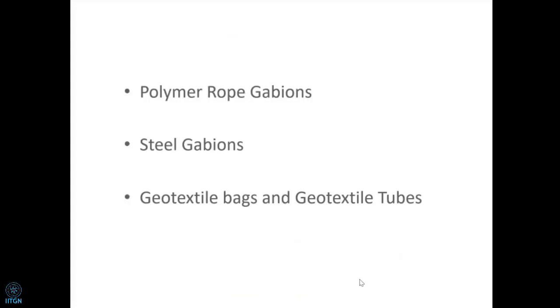So woven and non-woven textiles are both used as a filter. This is against the conventional system of graded filter, which is a sand filter. A graded filter is very difficult to maintain, especially quality control. So the geosynthetic filter has several advantages that we will see later.